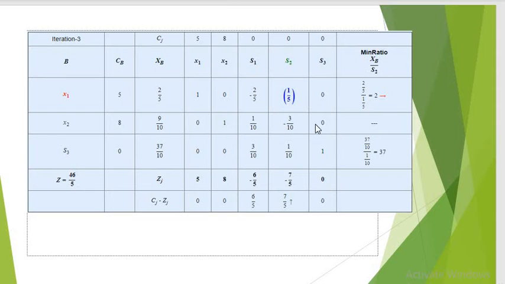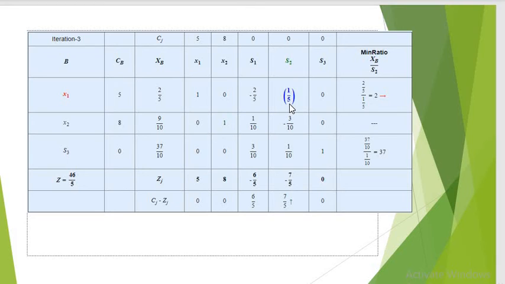Now we will get the third iteration table, and similar to the previous table we can find leaving variable, entering variable, and evaluate the net values, and we can see that the net values are again not less than or equal to 0. That means we have to improve the solution.